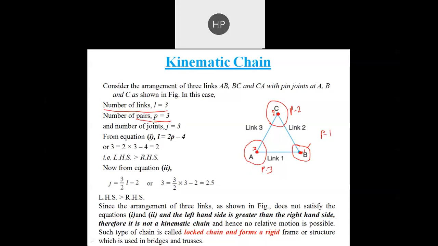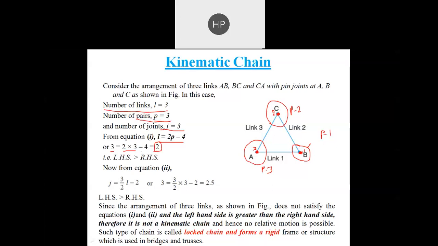So the number of joints J is equal to 3. Now we simply use equation 1, L = 2P - 4. L is 3, and 2P is 2 into 3, minus 4, which gives 2.